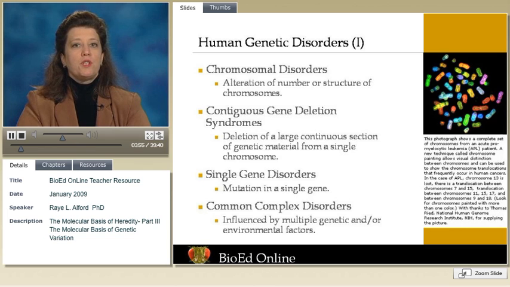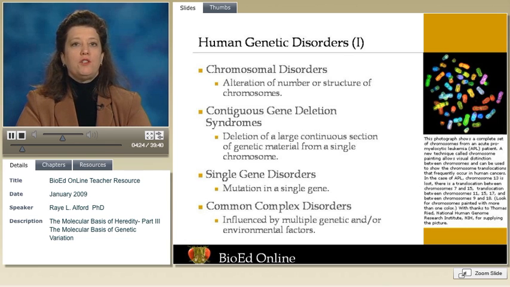Single gene disorders can be autosomal, that is, occurring due to mutations in genes located on chromosomes 1 through 22, X-linked, occurring due to mutations in genes located on the X chromosome, Y-linked, occurring due to mutations in genes located on the Y chromosome, or mitochondrial or maternally inherited, occurring due to mutations in genes located on the mitochondrial chromosome.